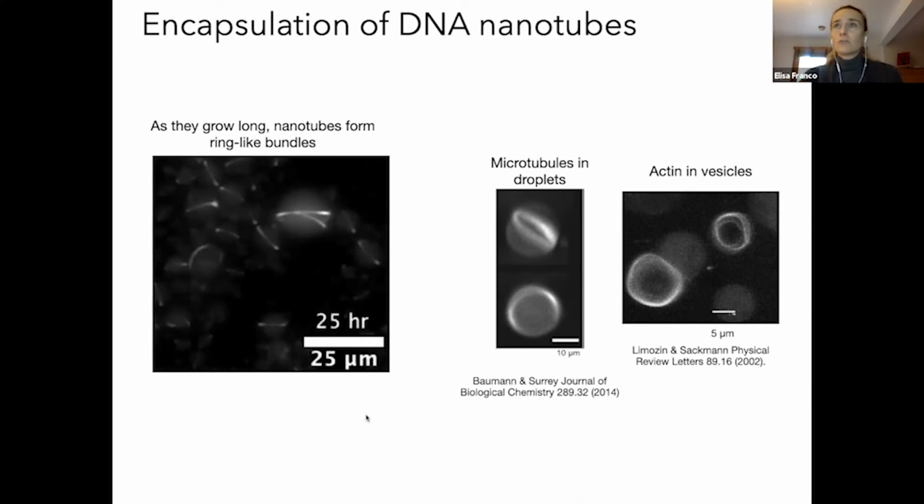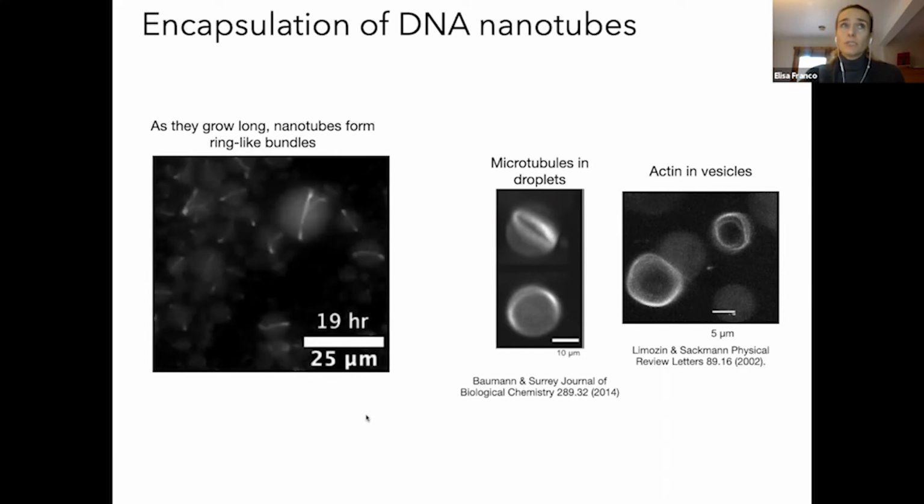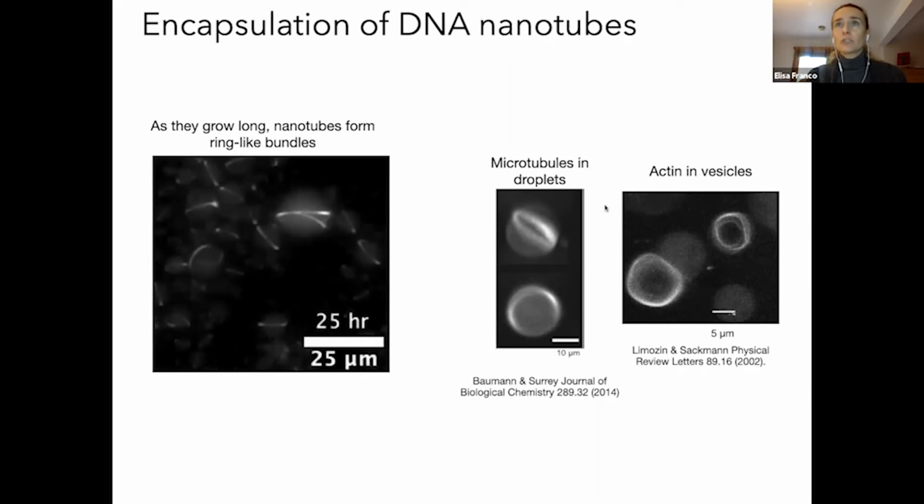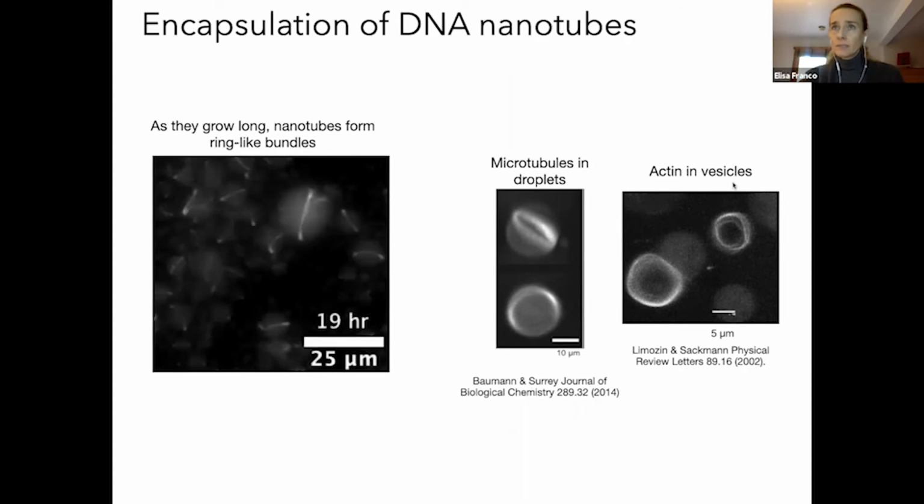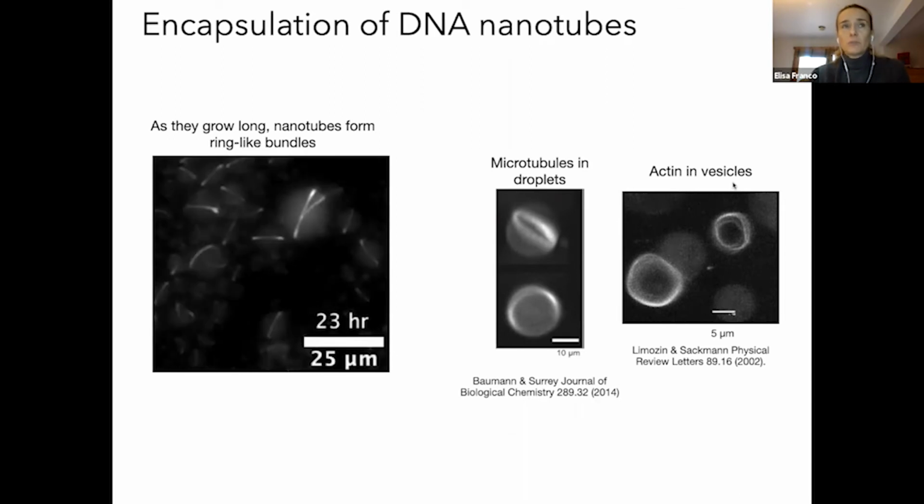There is lots of both experimental and modeling work that shows how this is a kind of universal behavior of biological polymers. You see images of microtubules inside droplets that form these ring-like structures, and also actin in vesicles. It really depends on properties of the polymers that include their persistence length, their diameter, and of course, how they interact with each other.